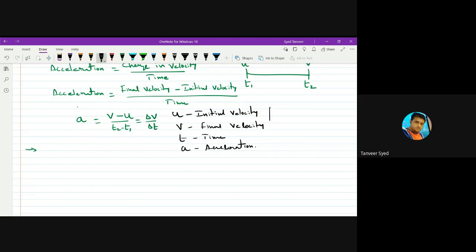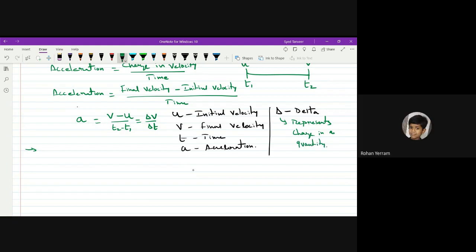This symbol, triangle, is read as delta. It is a Greek letter, delta, and it is used to represent change in any value, change in a quantity.